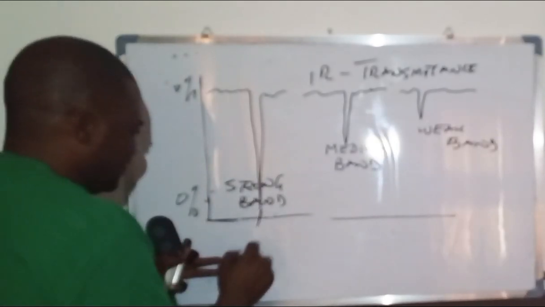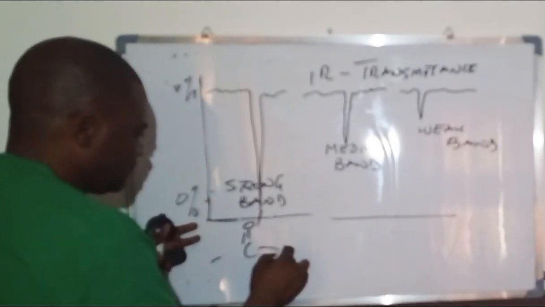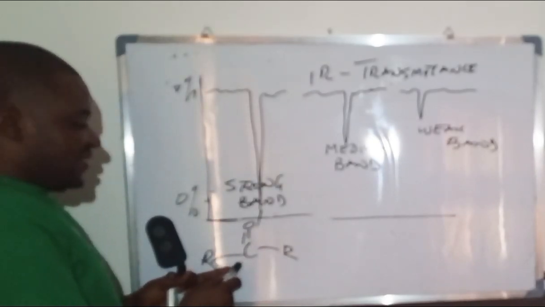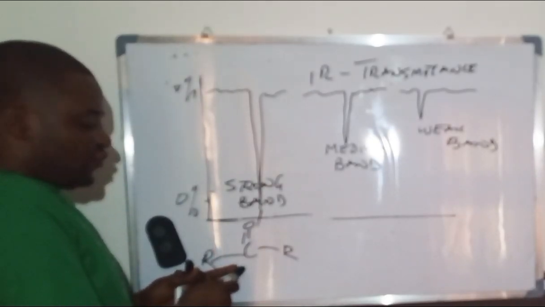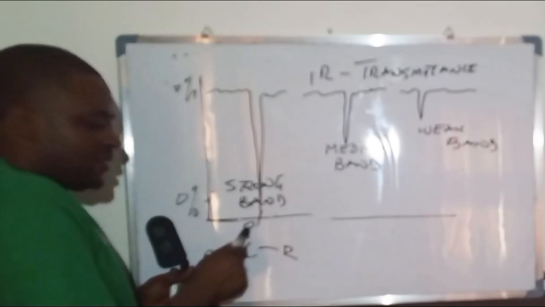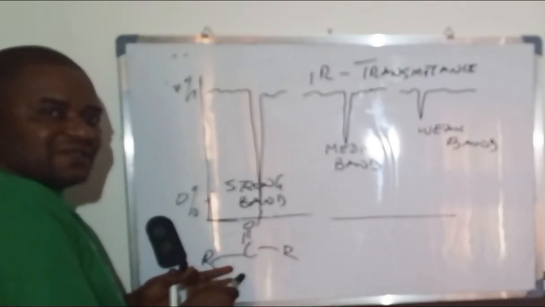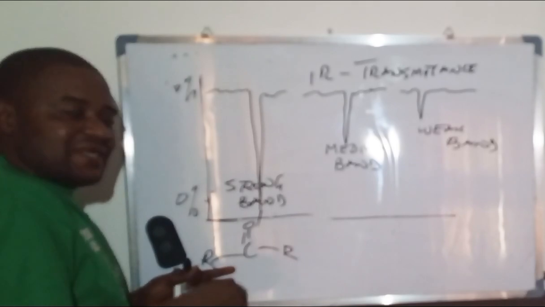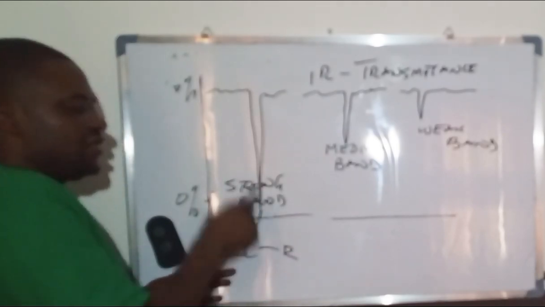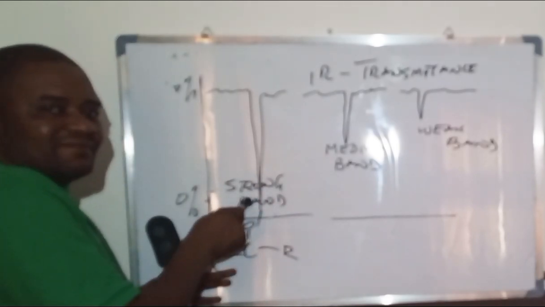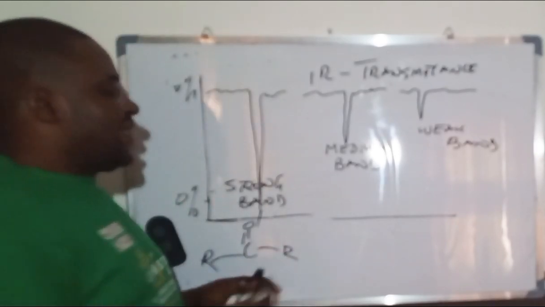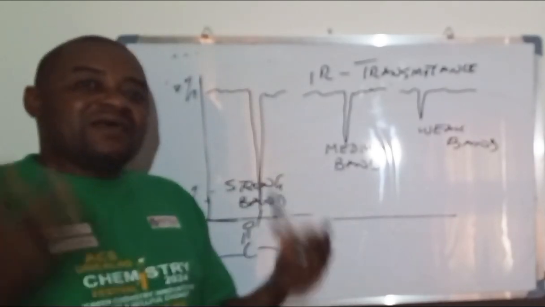So for example, this is a carbonyl group, functional group. Compounds with carbonyl functional groups, as they have strong polar bonds, will always generate strong peaks or bands.